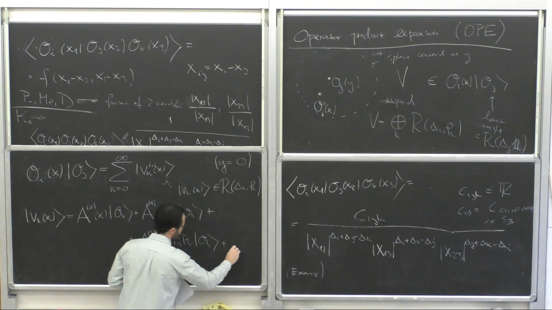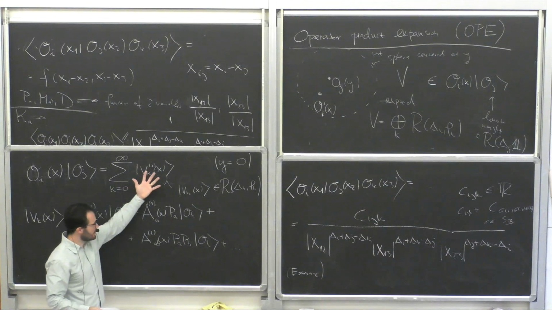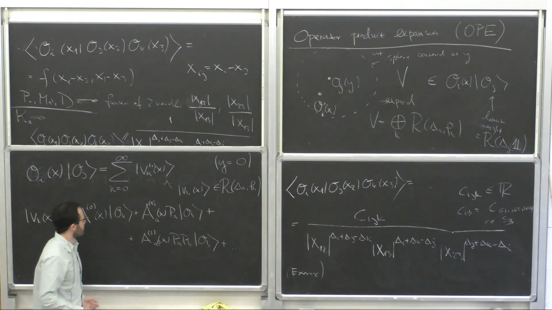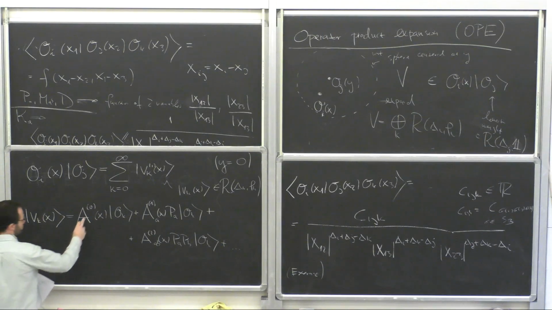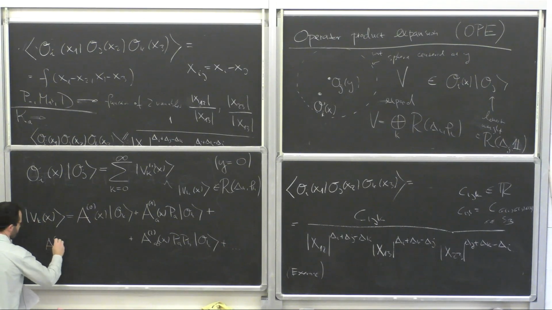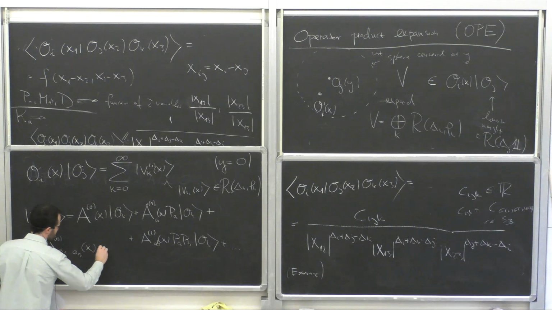So far I haven't done anything, I just wrote the most general state inside our Hilbert space, where these are just some functions. At level n, we are going to have some symmetric tensor of rank n, which is some real number which depends on X.